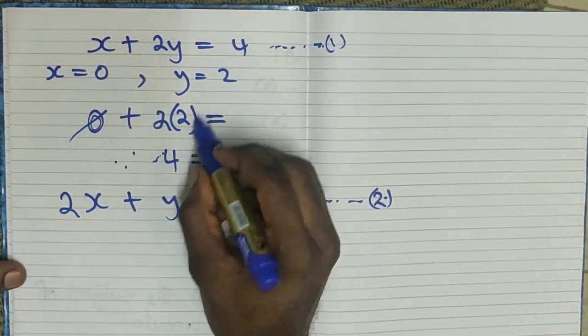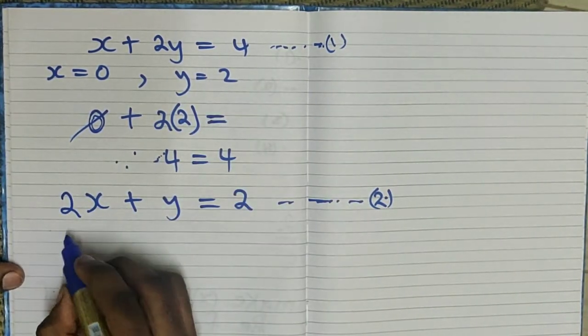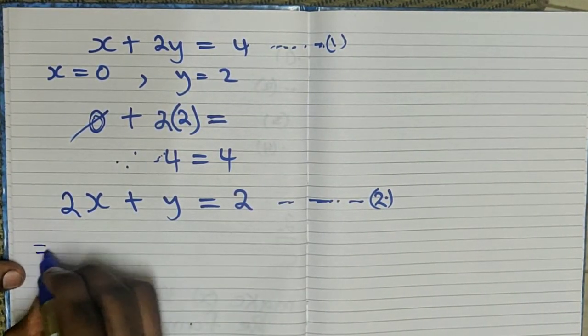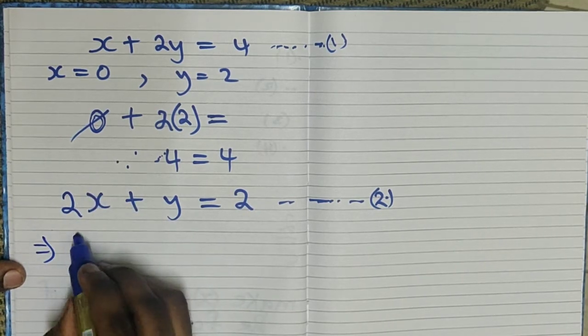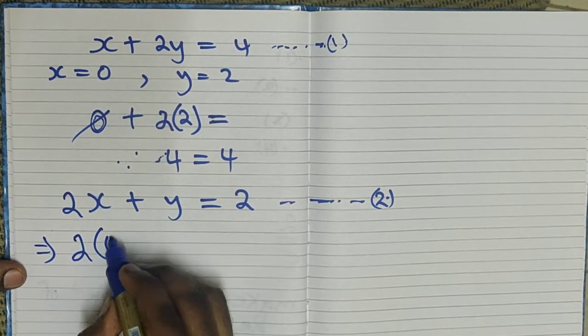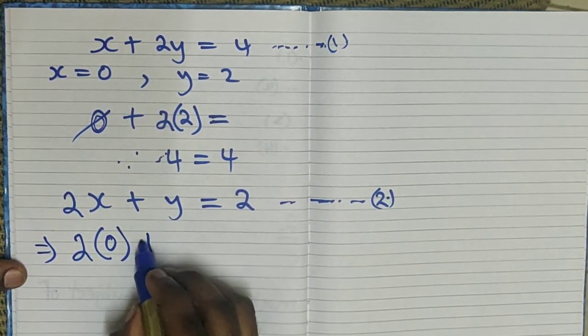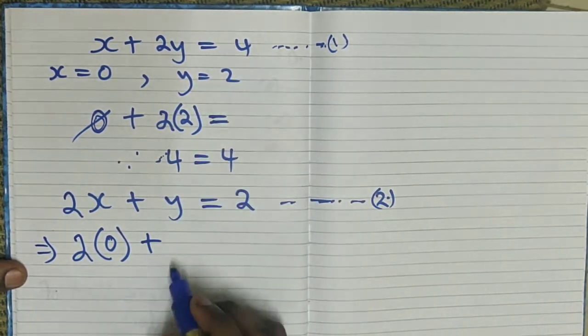In the place of x, we are going to put 0. In the place of y, we are going to put 2. So we have 2 into our x was what? 0, plus our y is 2.